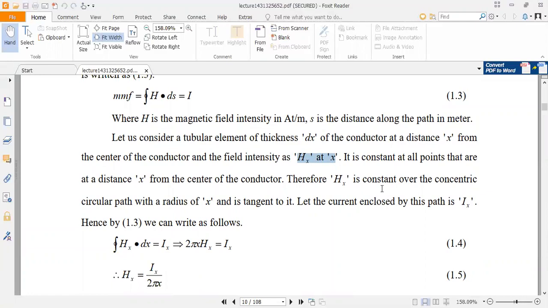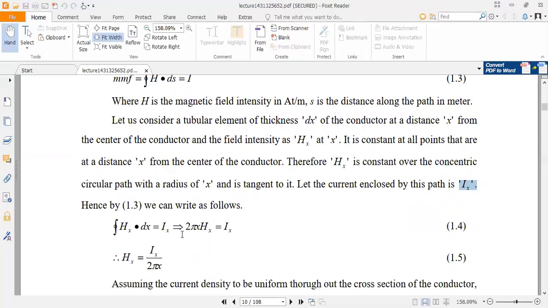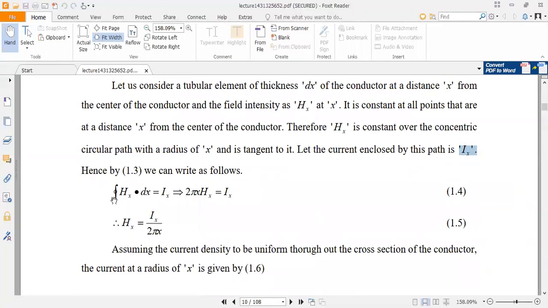And Hx is constant over the circular path of radius x, and tangent to it. Let the current enclosed by this path be Ix. So here the formula of Ampere's law can be written.